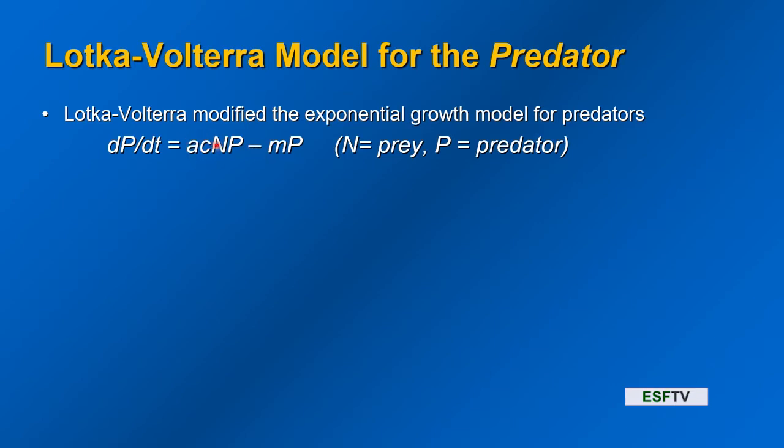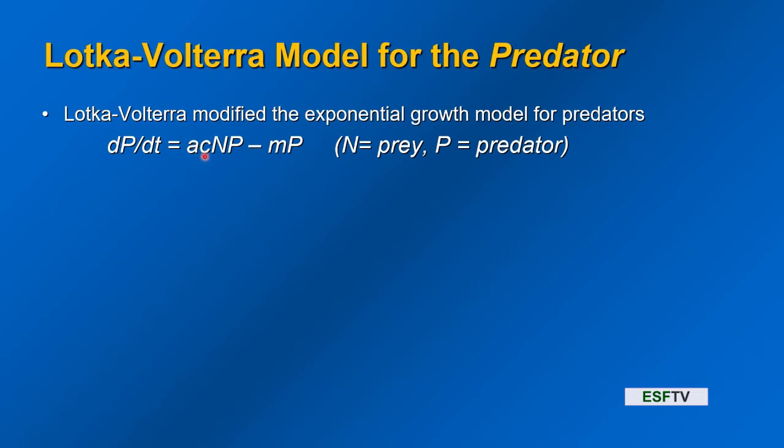You recall that it used to be rN. So this is basically modifying the intrinsic rate of growth for the predator to incorporate its consumption of the prey and its assimilation of prey and turning it into offspring.